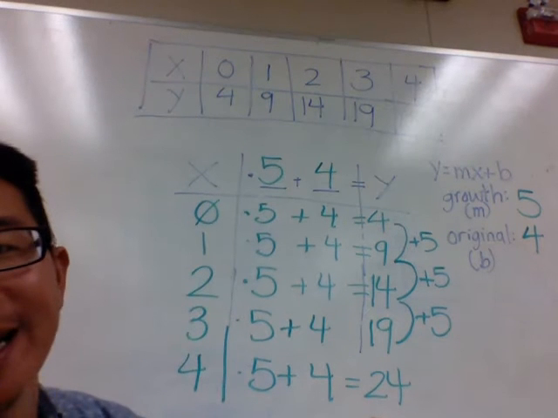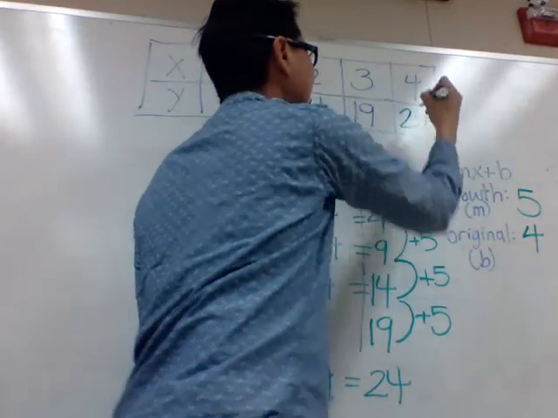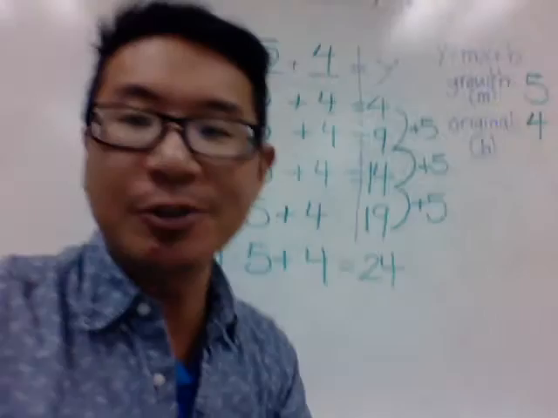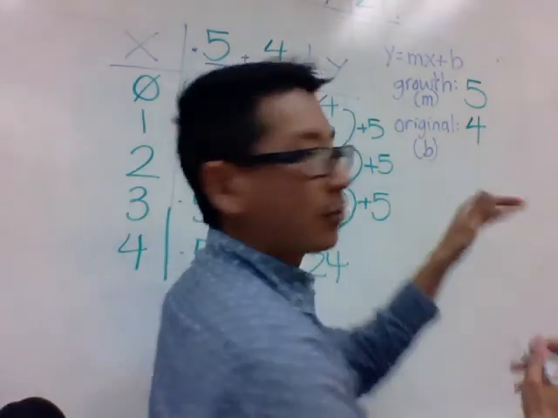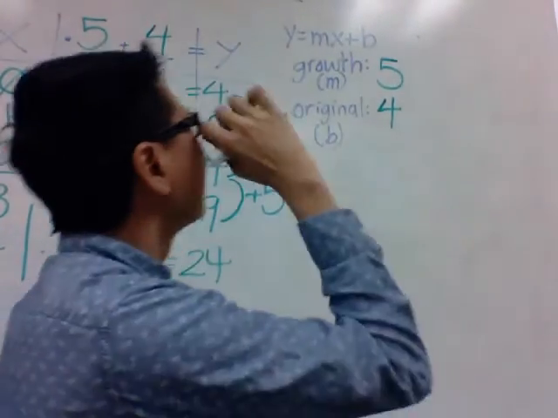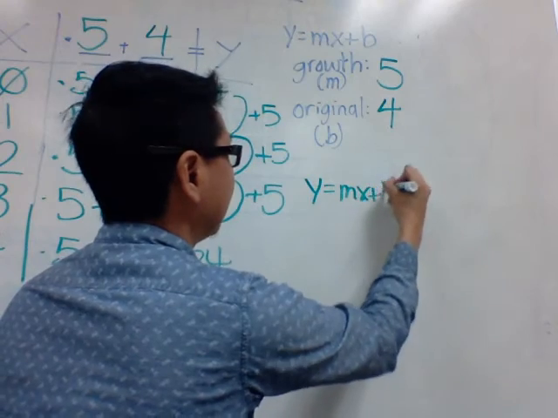Now, if I'm going to write this as a linear equation, I'm going to use y equals mx plus b, which is right over here. So, for any figure x, y is the number of shapes that are in there.